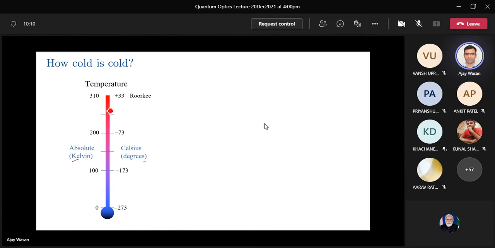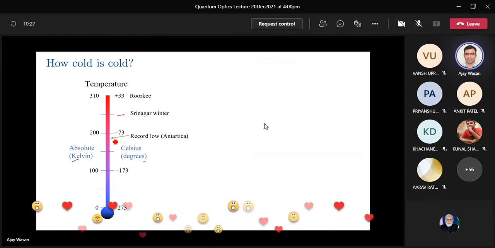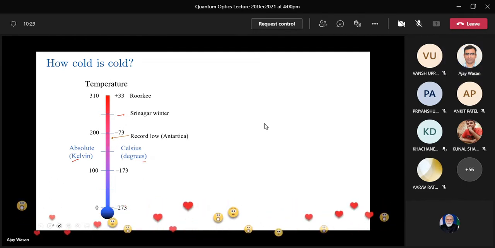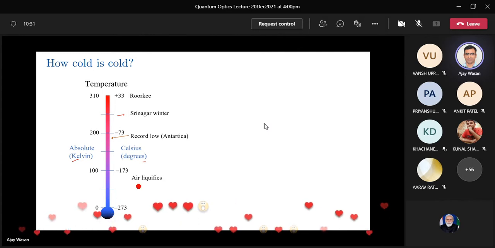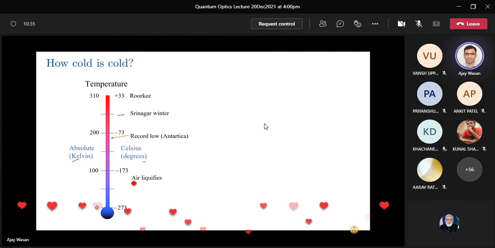So if we start reducing temperature, if you go to Srinagar right now, recently -6 degree, -8 degree in Gulmarg temperature was there, somewhere here. If you go to Antarctica, more lower temperature this side. If you go more down, air liquefies, more low temperature here.